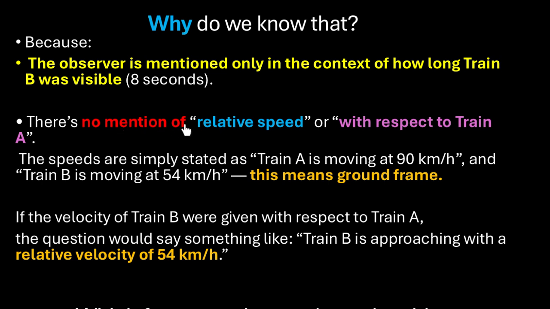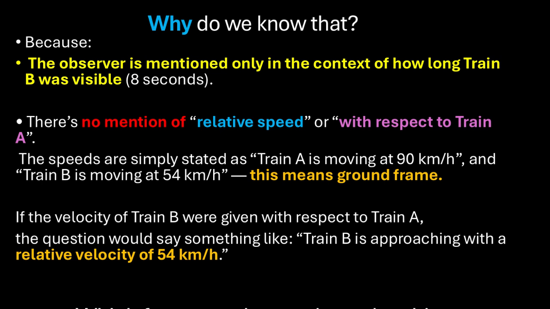Since there is no mention of relative speed or a phrase which says with respect to train A, the speeds here are simply stated as train A is moving at 90 and train B is moving at 54, which means that this is given with reference to the ground frame. Now, what will be the case if it was not ground frame?